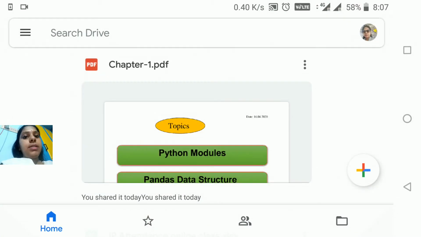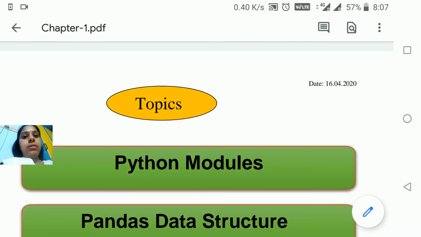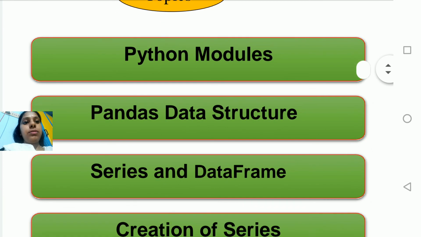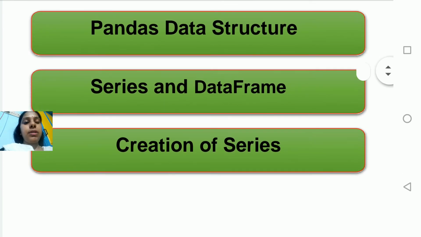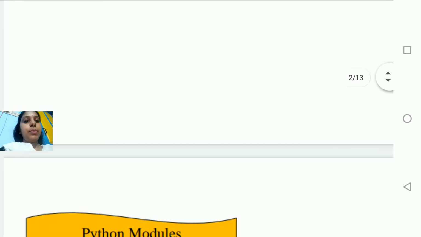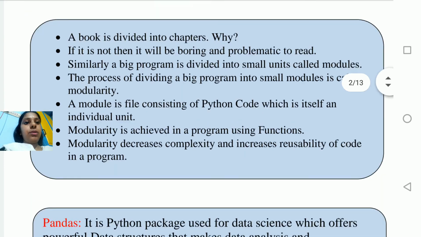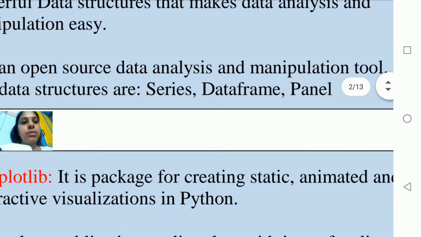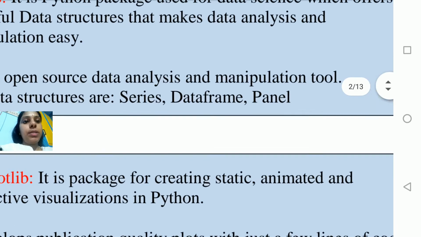I will select one PPT or PDF which I want the children to see, and I will explain the topics. Like this, I can scroll down over my PPT or PDF. I can focus on some topics like this, zoom in, zoom out.